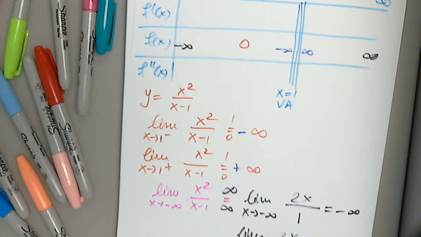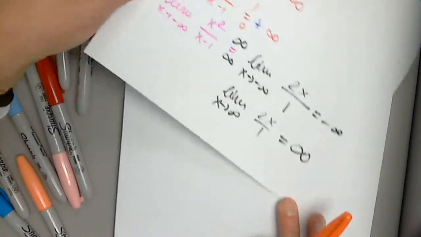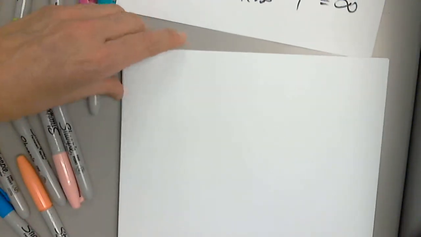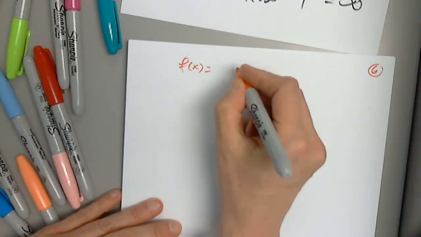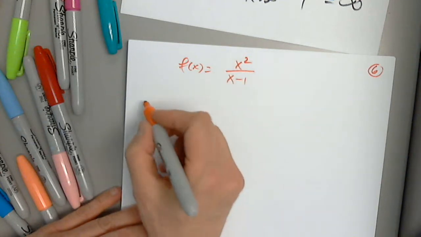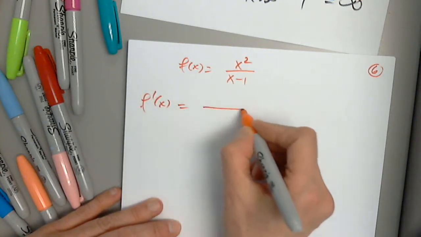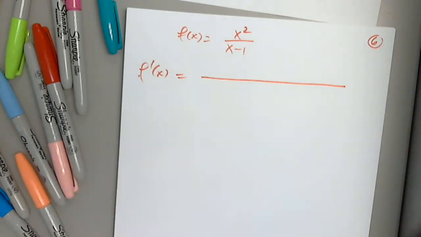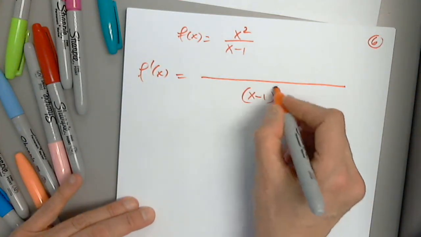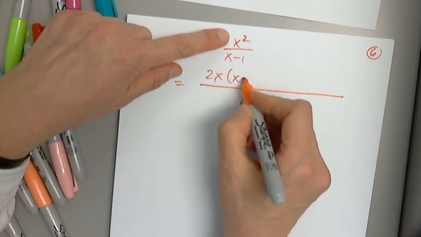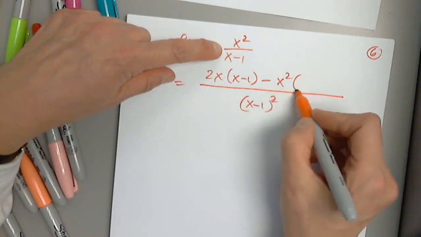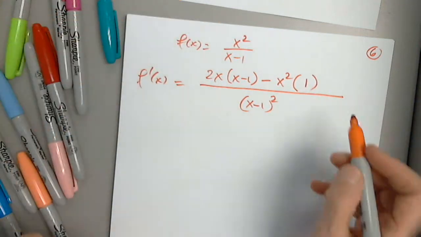Okay, so now let's look at the first derivative. Let's calculate that. So what do we use? One more time, I'm writing it here so we can see it again. F prime. Very good. Quotient rule. So the top prime, 2x times x minus 1, minus x squared times 1.